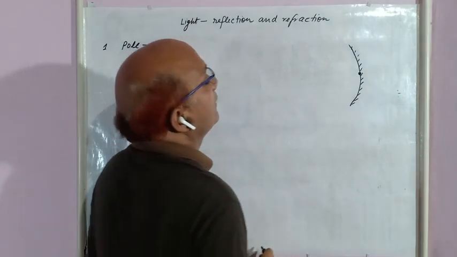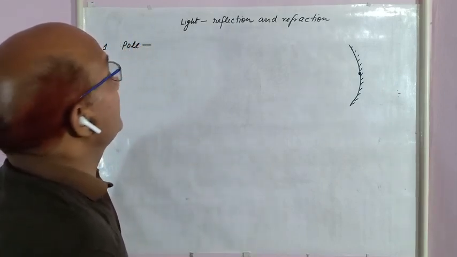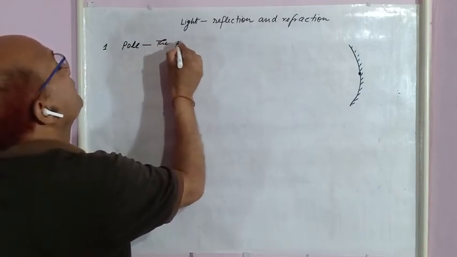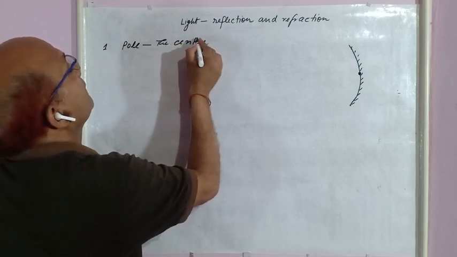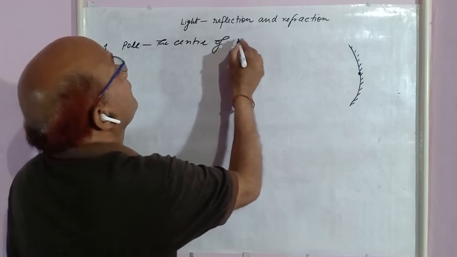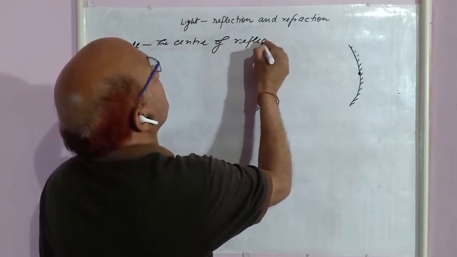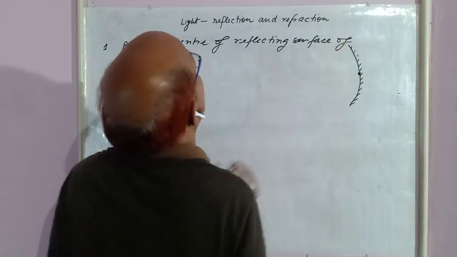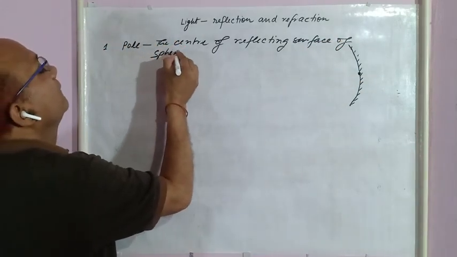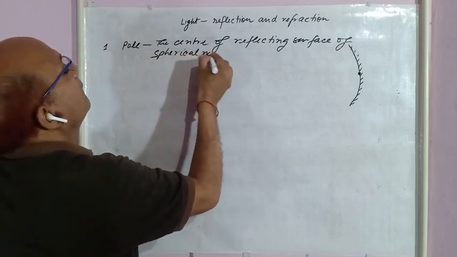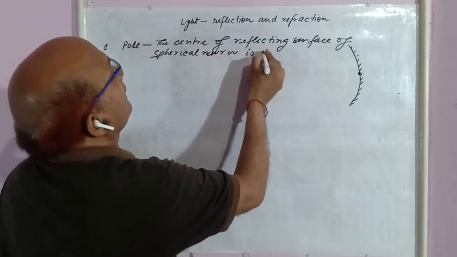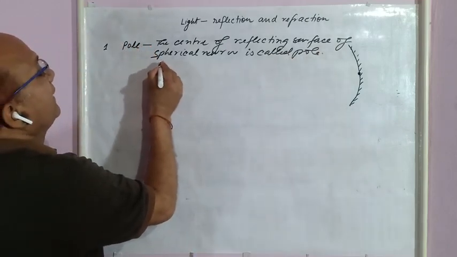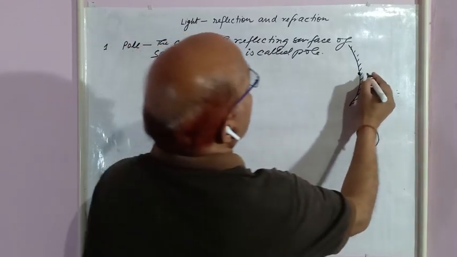The center point of reflecting surface of a spherical mirror is called pole. It is denoted by the letter P.